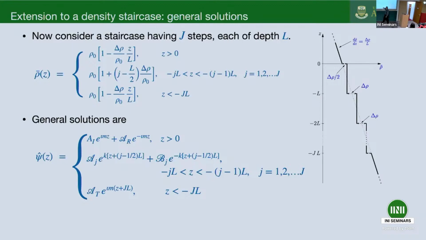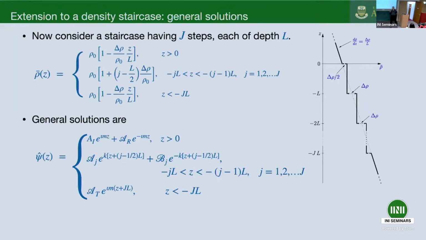And when z is minus (j minus 1)L, that minus jL part still cancels that j. So the point is, when I plug in the interface conditions, I get rid of the j dependence. And so all the structures look the same at the interfaces, as we're going to see in the next slide. Are we happy with that? Okay, great.